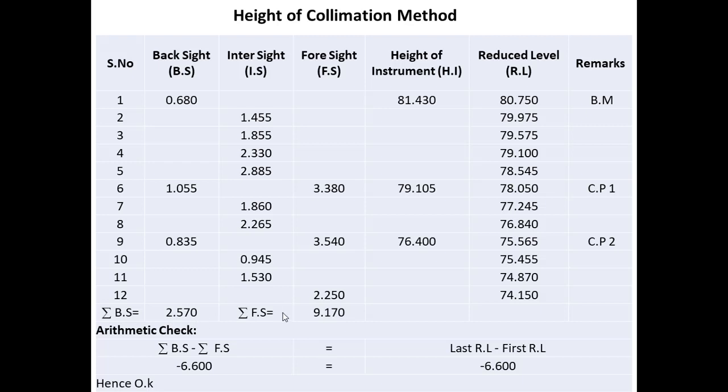Similarly, the sum of foresight readings, adding all these three values, gives 9.170. The difference between these two is minus 6.600. Similarly, last RL 74.150 minus first RL 80.750 gives minus 6.600.